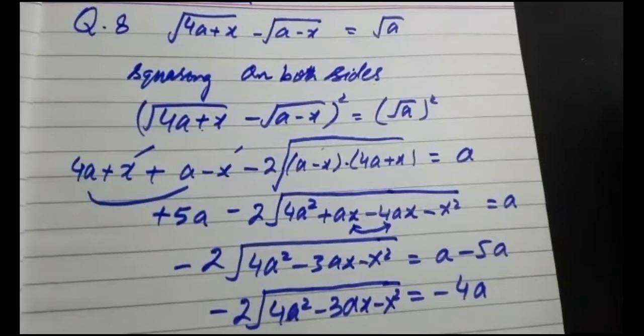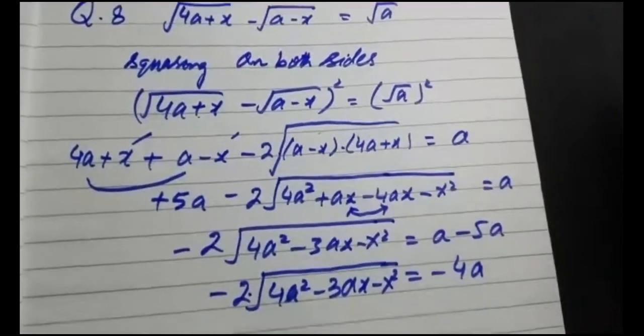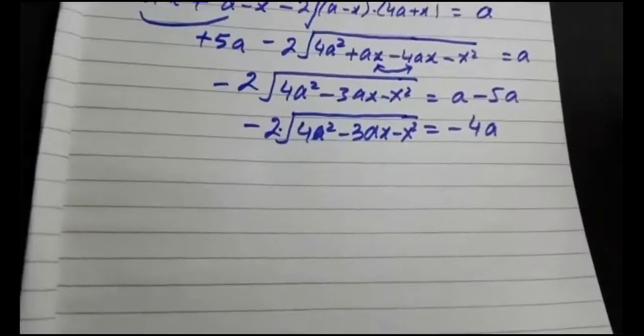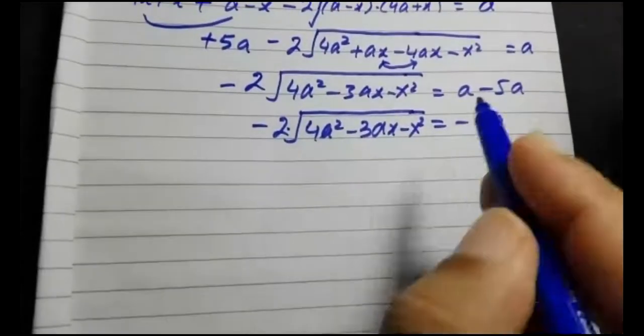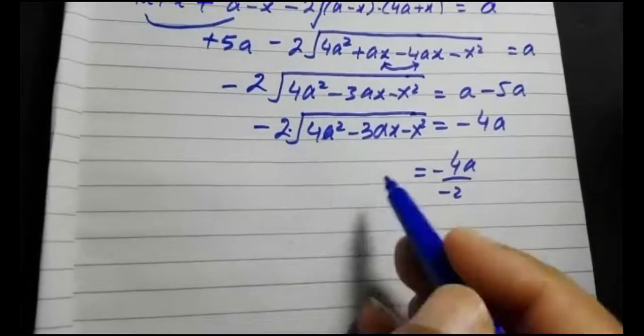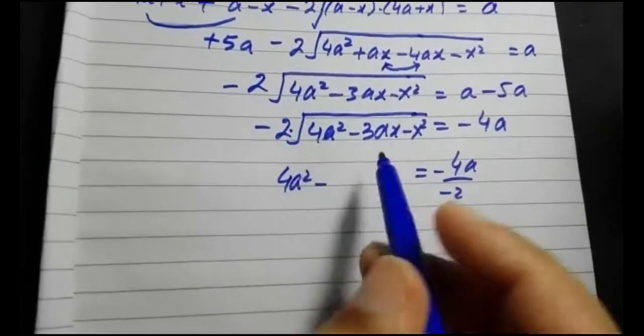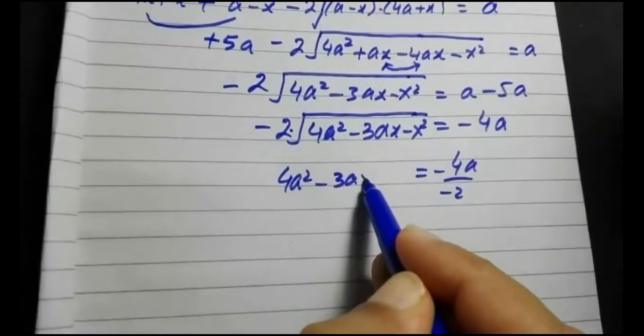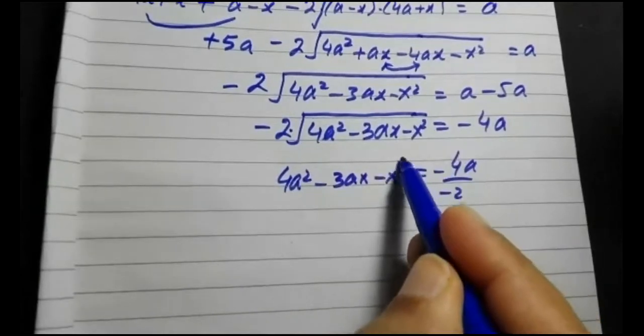Now you can see that once we arrange the terms at this step, you can simply divide by minus 2 on the other side. So it will be done like this: minus 4a over minus 2 equals the radical of 4a square minus 3ax minus x square.